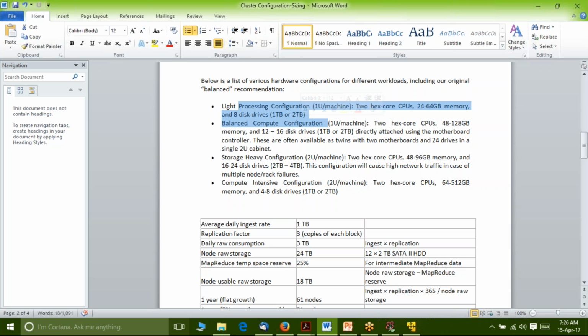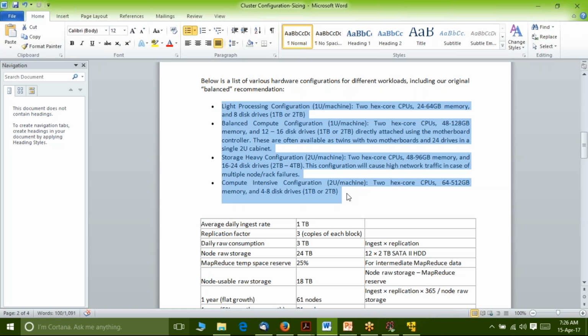At what rate you are getting your data into your box, based on that you decide the node configuration and how many nodes are required in a year, and based on that you decide the name node, the secondary name node, the resource manager and all this stuff. And to decide those things, we need to know which of these categories your cluster belongs to. Based on that, we decide what hardware configuration is required.